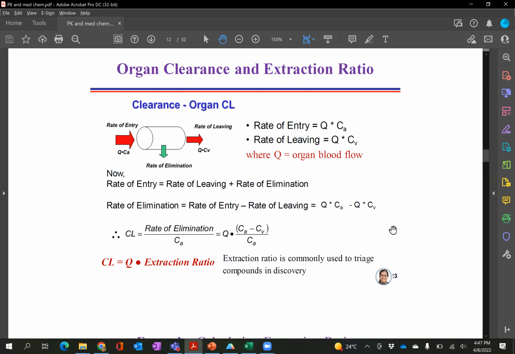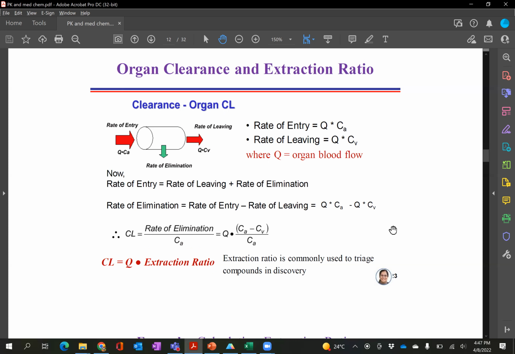The reason they call this clearing the volume is that the fastest clearance would be when the blood goes through the liver: before the liver, you have drug molecules in there, but after the liver, you have nothing. That means the clearance rate essentially equals the blood flow rate, right?